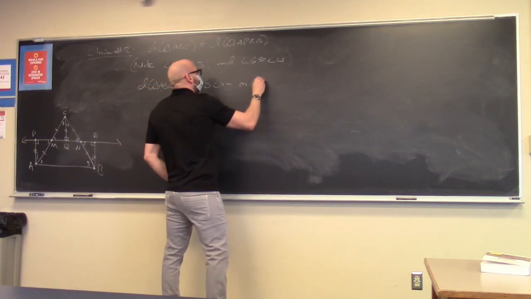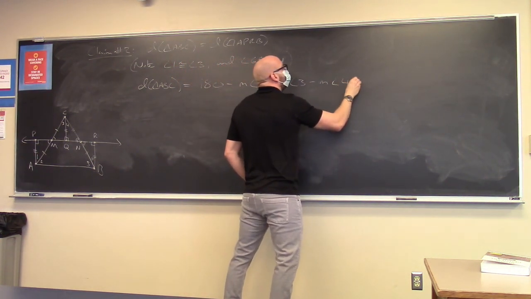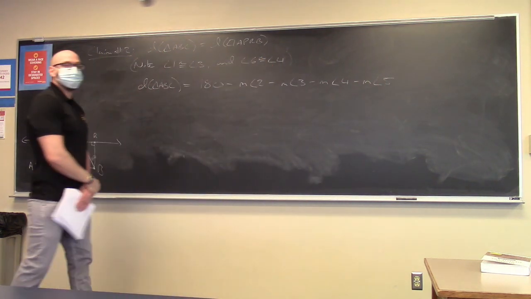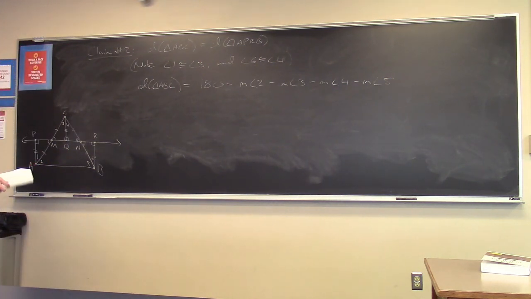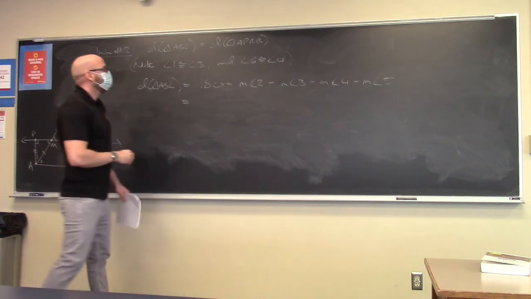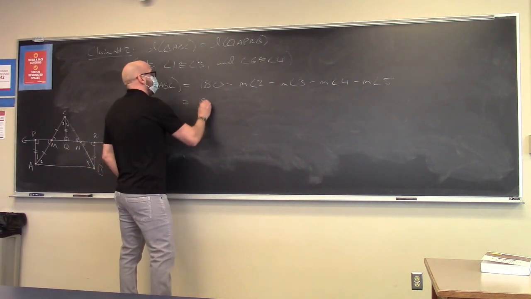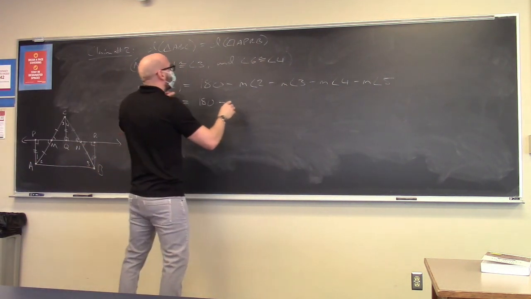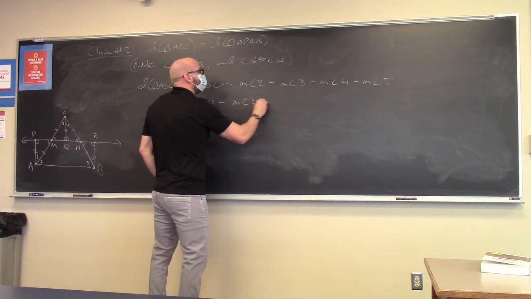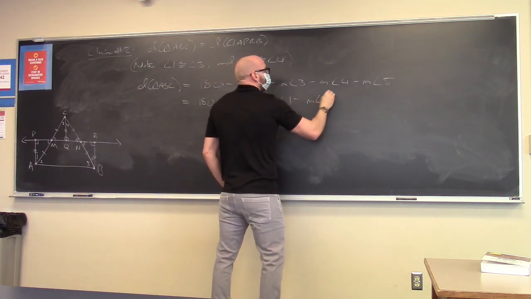Minus the measure of angle 2, minus the measure of angle 3, minus the measure of angle 4, minus the measure of angle 5. Let's substitute. This will be 180 minus, what do we have? Measure of angle 3 is measure of angle 1, so we'll substitute there. Minus measure of angle 1. Measure of angle 4 is measure of angle 6, so we'll substitute there.